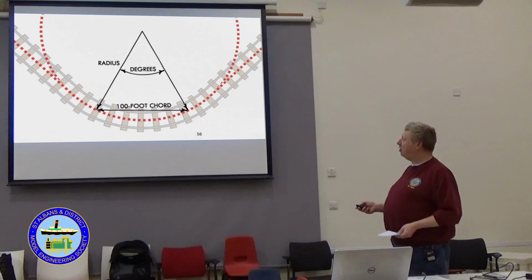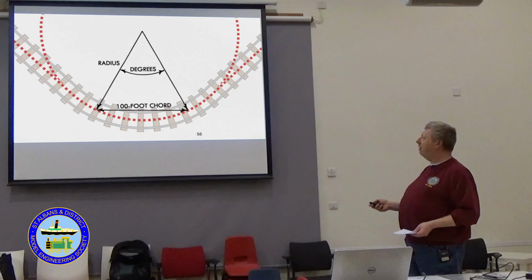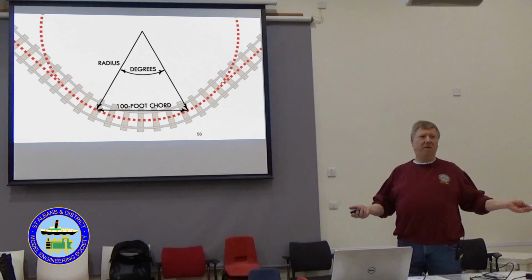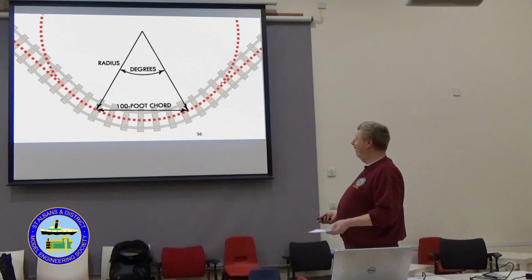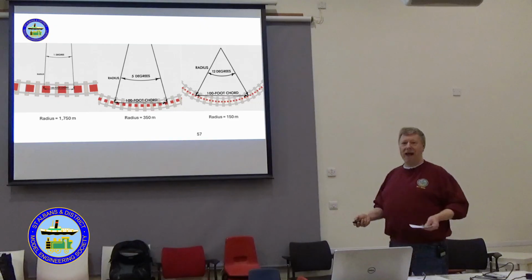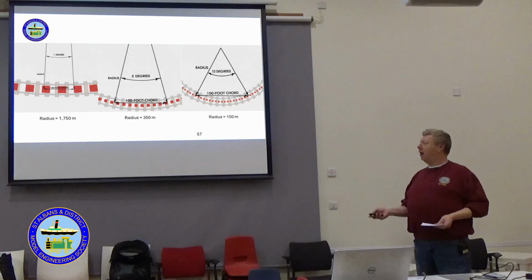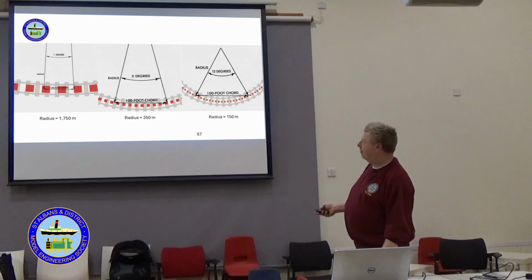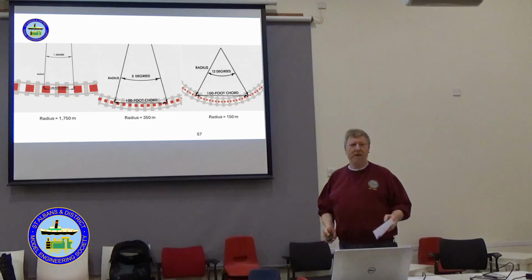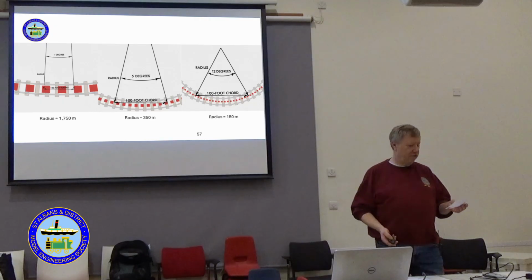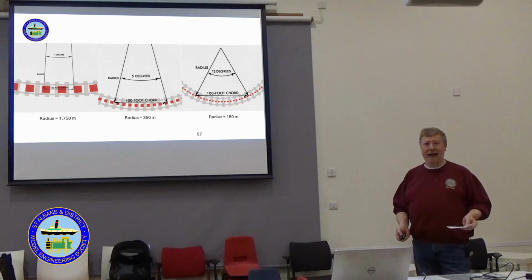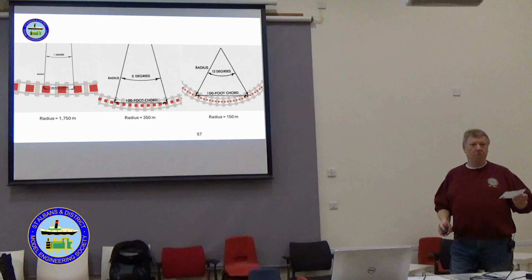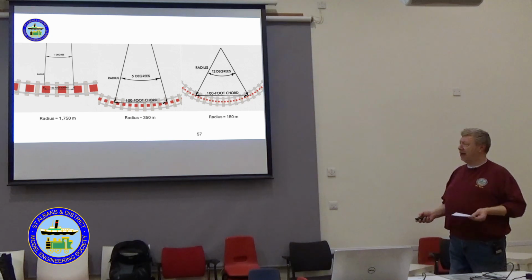They somehow measure the number of degrees for a 100-foot chord. Still don't understand why they do that, but anyway, I've got it in both money here. An American 1 degree curve has a radius of 1,750 metres. Just to contrast that, the Japanese bullet train has a minimum curve radius of 8,000 metres.